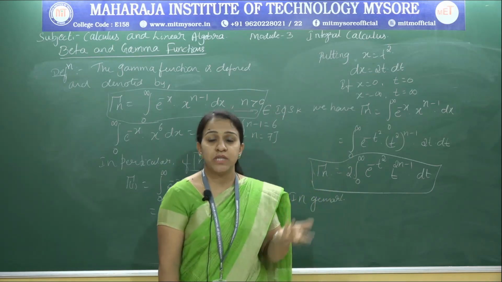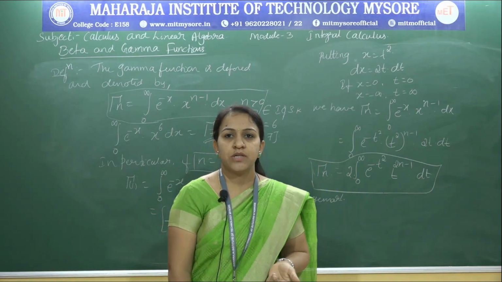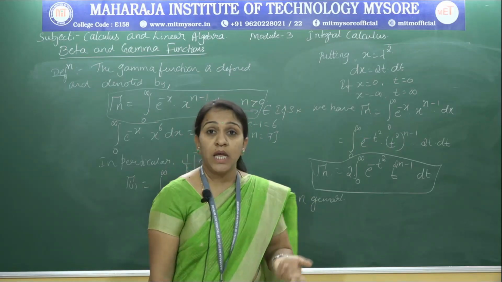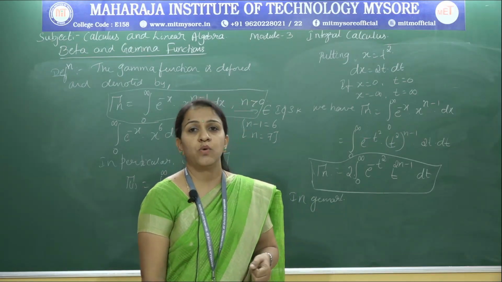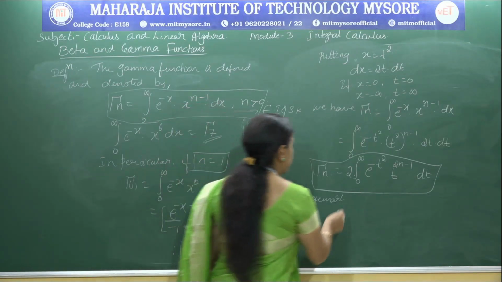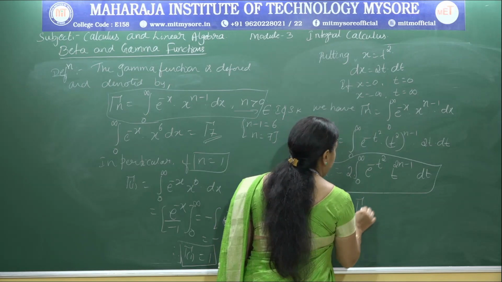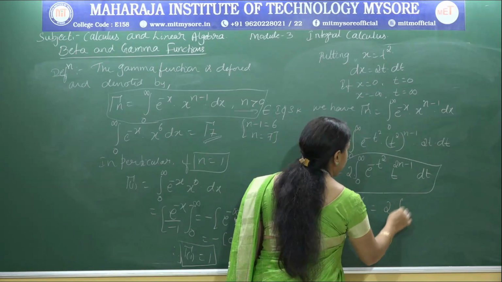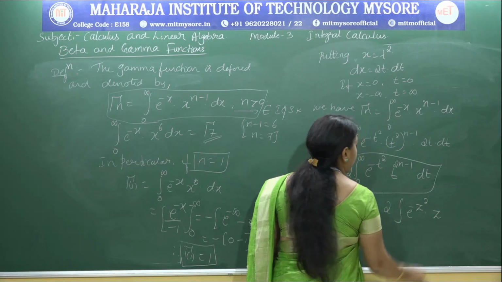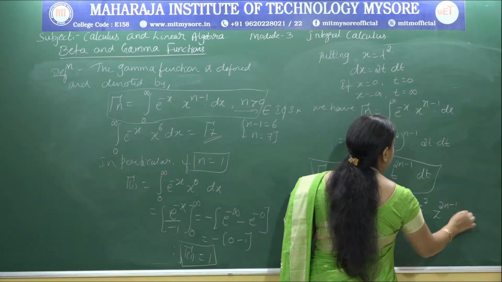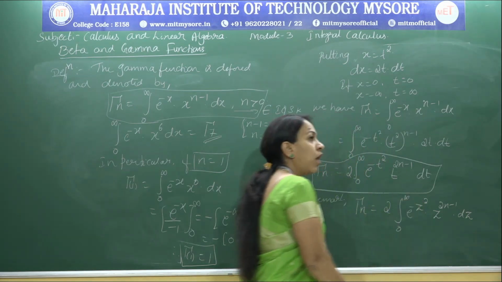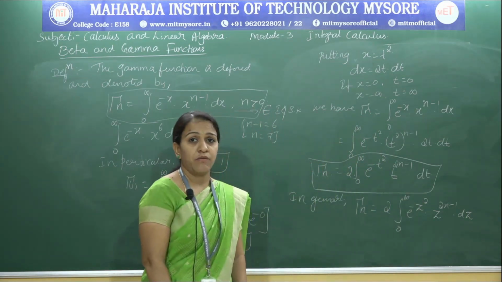So, t square may be z square, or it may be y square, or theta square, or again x square. That t square can be replaced by any other variable, or in general we have gamma n is equal to 2 times integral e power minus z square into z to the power of 2n minus 1 dz between the limit 0 to infinity, or I can write it as x itself, right.